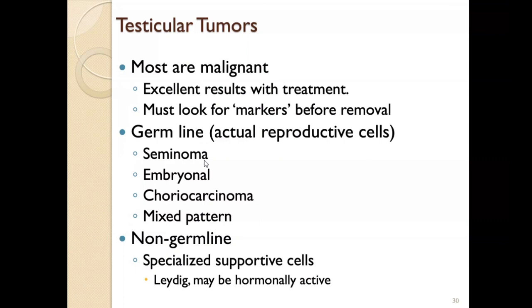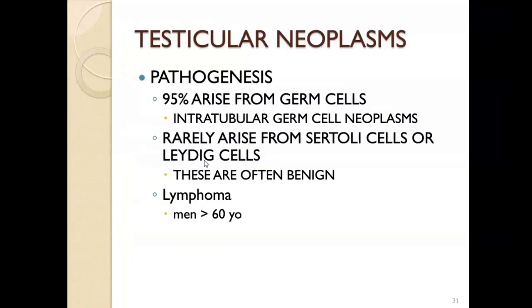Non-germline tumors can come from supportive cells, because spermatogenic cells are supported by other cells such as Sertoli cells and Leydig cells, which synthesize testosterone. What is said here is that 95% of testicular neoplasms are from germ cells, meaning they are germline tumors, and mostly these are intratubular germline neoplasms.